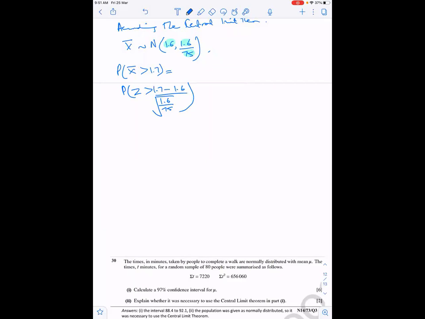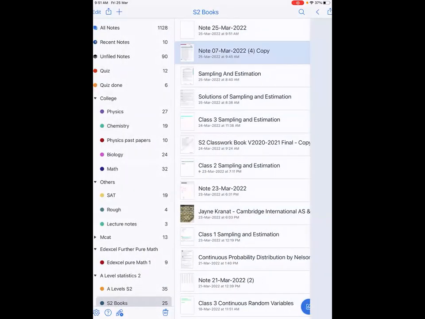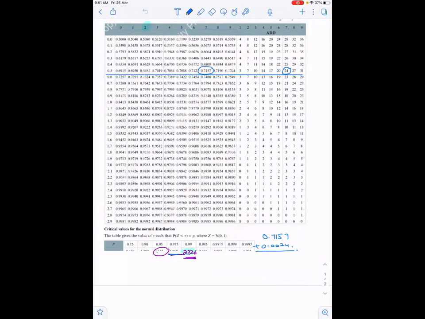I got 0.685. I'm getting 0.684. Can we check again? Yeah, I got 0.684, but I just rounded it up to 0.685. Okay, greater than 0.684, meaning you want this. So 1 minus phi of 0.684.